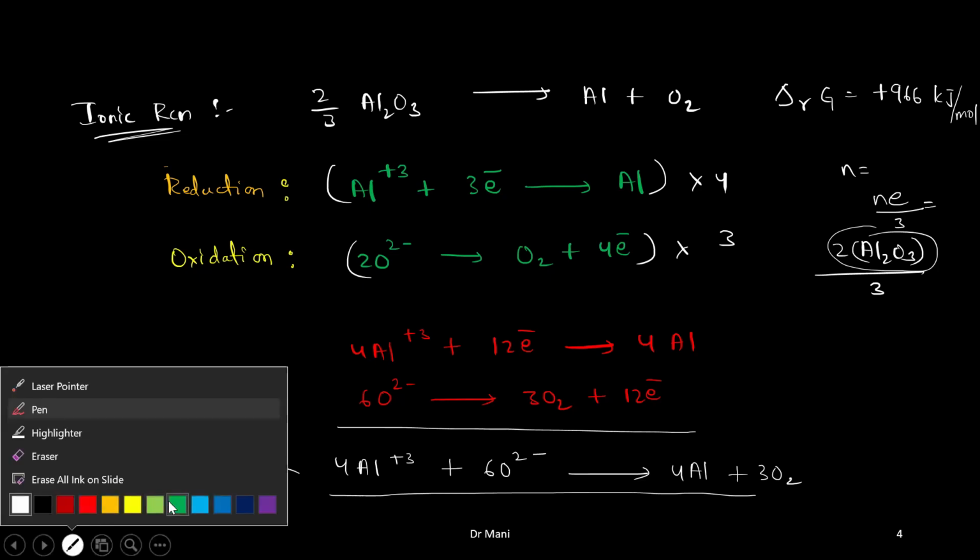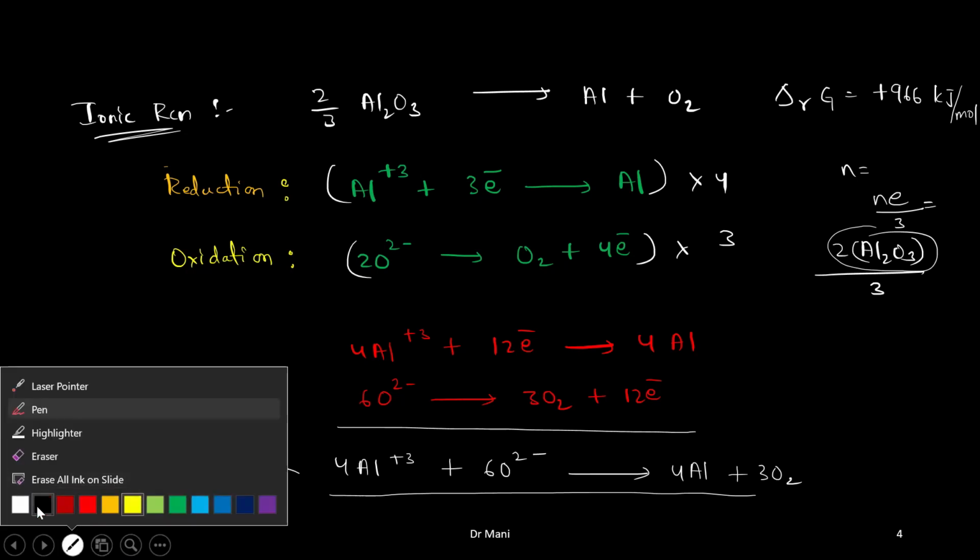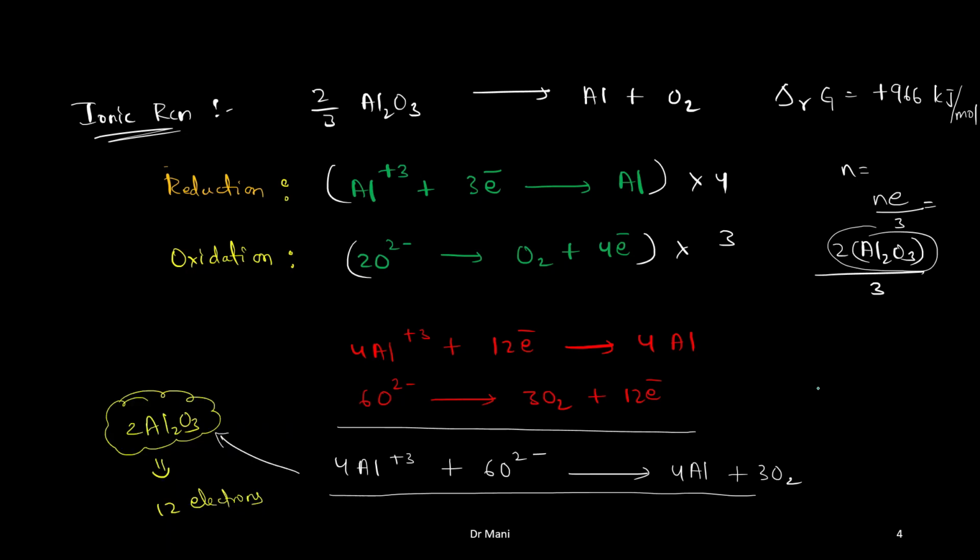This is 2Al2O3. So 2Al2O3 involves a total of 12 electrons. Yes or no? If 2Al2O3 involves 12 electrons, then 2 by 3 Al2O3 involves how many electrons? 12 by 3. If I do that, I'll get 4 electrons. Is that clear?